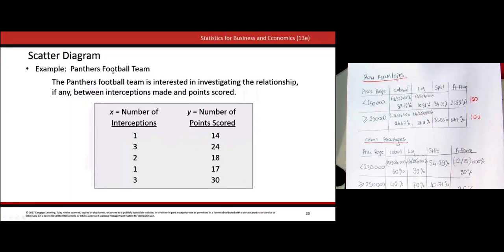Now how can we obtain the scatter diagram? Here x is the number of interceptions and y is the number of points scored.